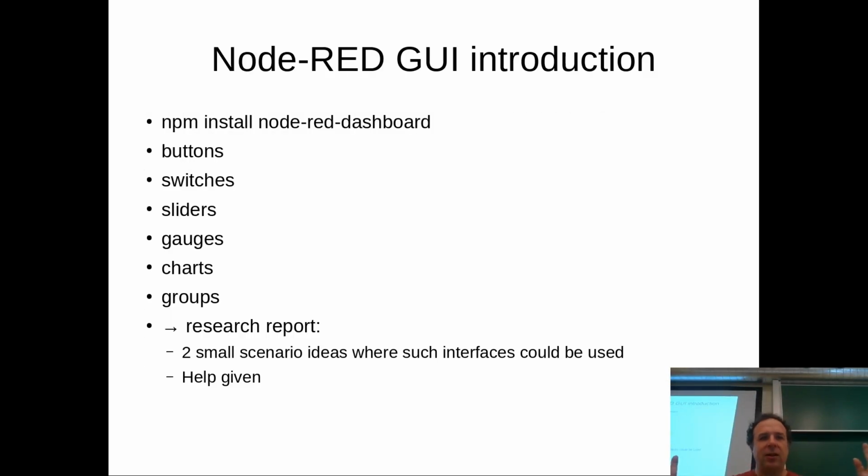So as promised, we do some GUI. I try to do it in this order, but I might deviate. For the research report, while I do this, think about where you want to use the GUI.